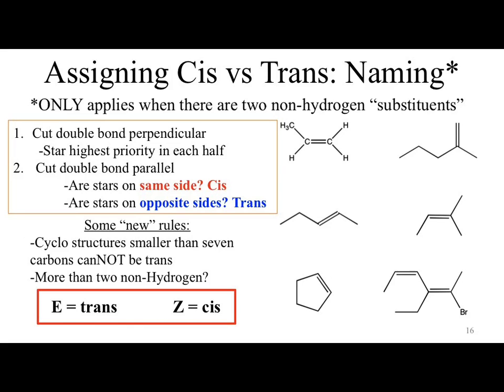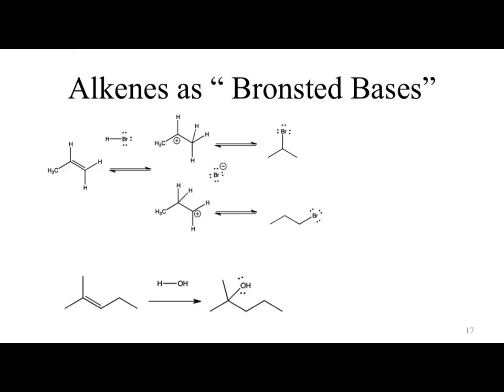Alkenes are Bronsted bases, so we can react them with strong acids. So we can get the hydrogen to add to that double bond. We talked about this a while ago, so we can cut this in half here. That hydrogen can go to either of those two positions. So when we look at the mechanism, we're taking the electrons from that pi bond and sharing them with the hydrogen.